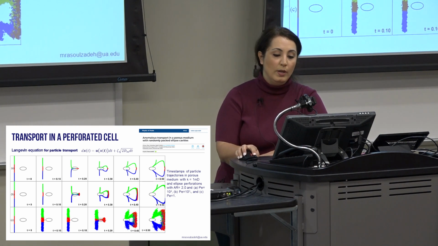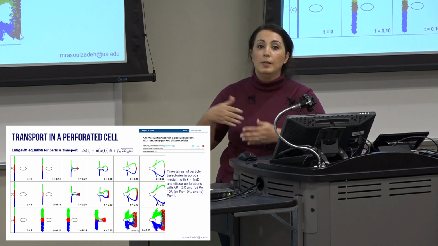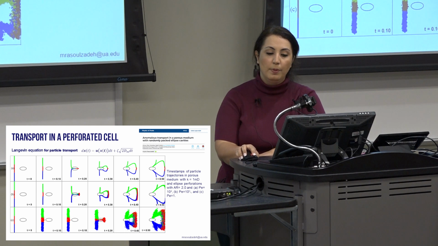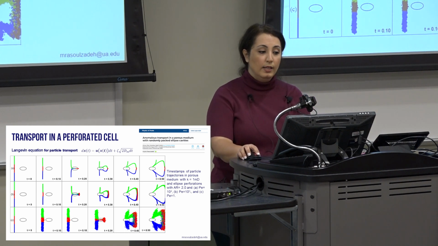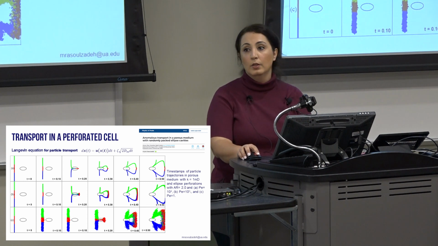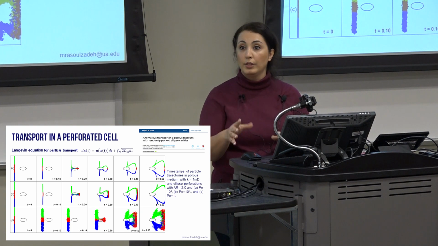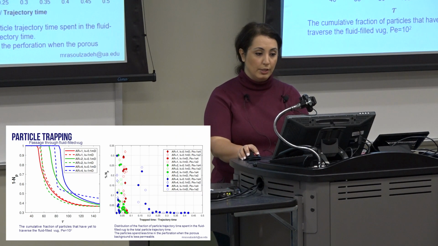You can see that when the Peclet number is lower, you see more mixing in the medium compared to the case where the Peclet number is higher. And this is for 1,000 particles. So I ran 10 million particles to actually be able to construct my joint PDF function.